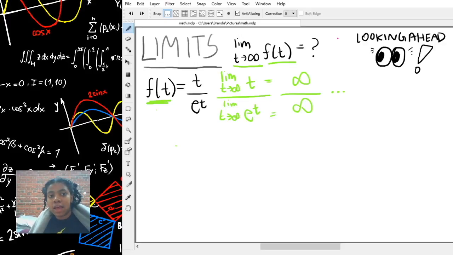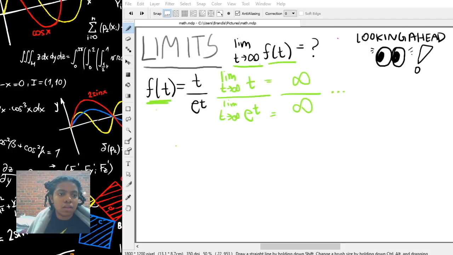Well, once you learn how to take derivatives, there's this cool rule called L'Hopital's rule.